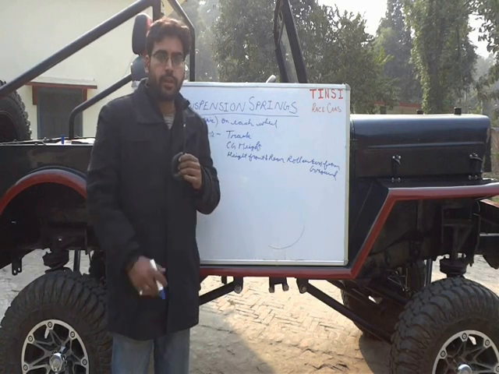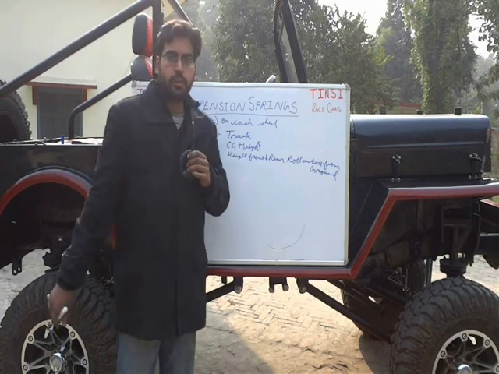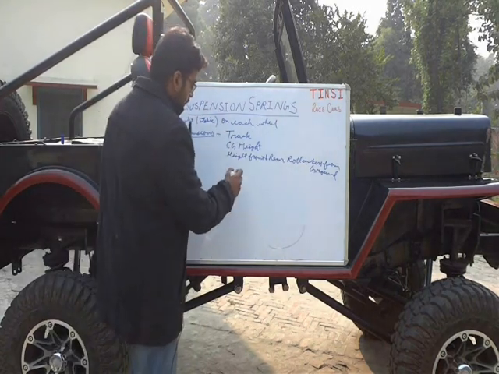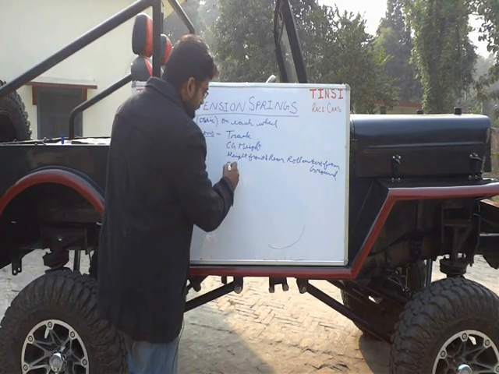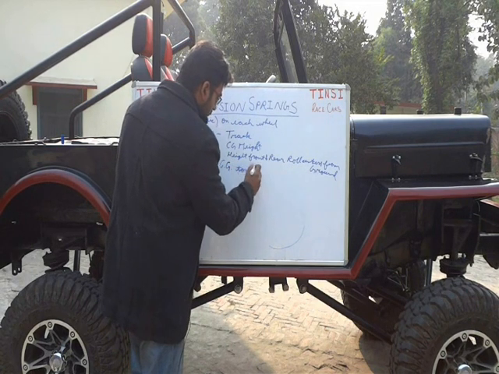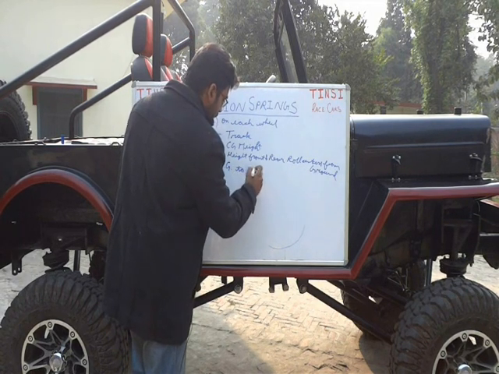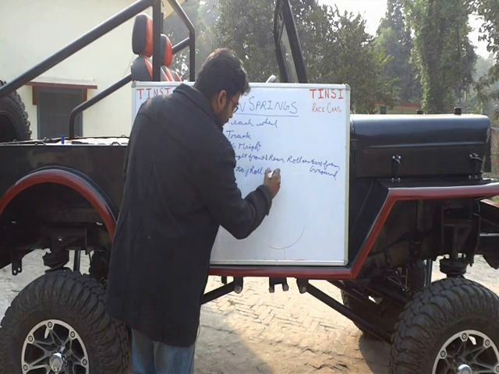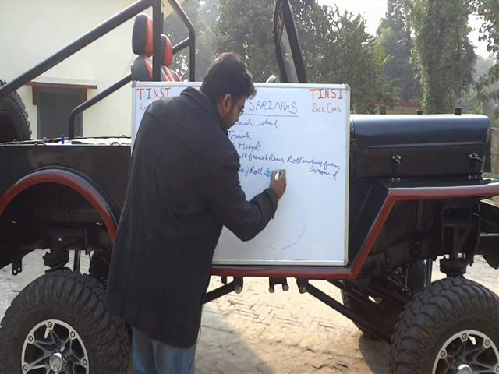You have to be ready with that, and then you can proceed with the spring rates. So next what we need is the CG to roll axis height, or you can say distance.